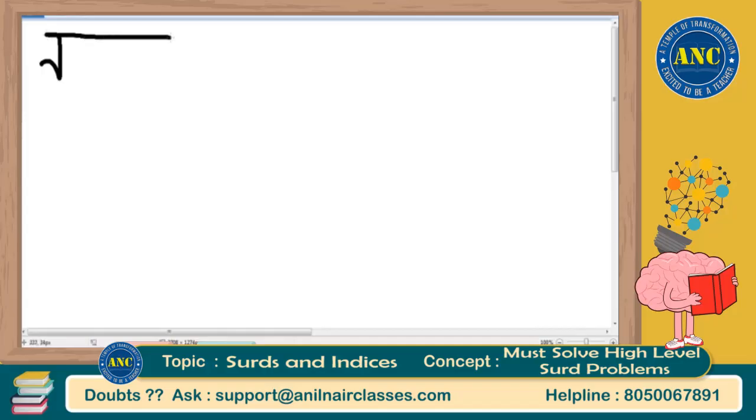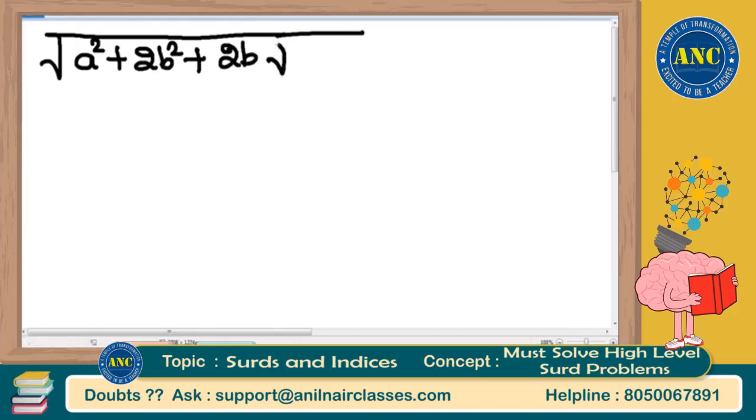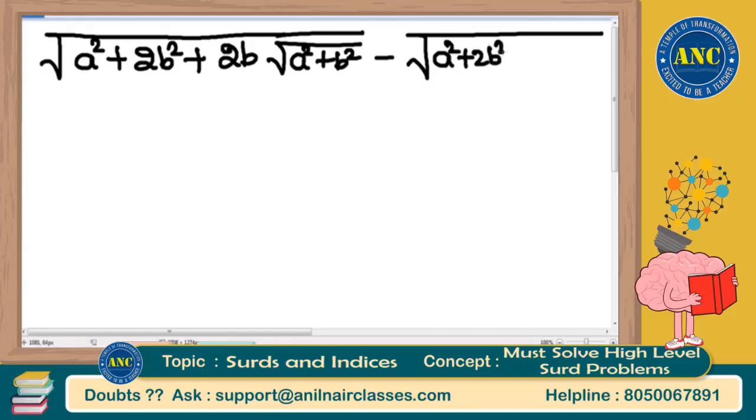Find the value of square root of a square plus 2b square plus 2b times of root of a square plus b square, minus square root of a square plus 2b square minus 2b times of root of a square plus b square.